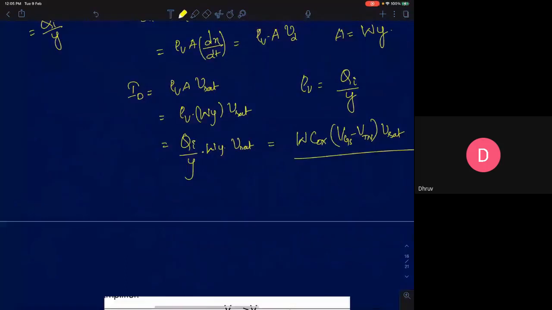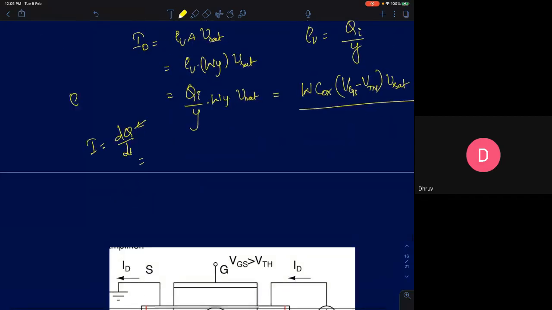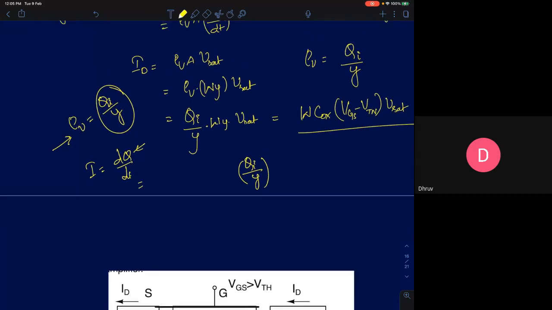So now I'll write it this way. Your current is given by dq by dt. The total charge here is, let rho, which is your charge per unit volume, we said it is Qi upon y. And if you see, the volume is nothing but Wy into dx. Multiply by this, you get your total charge.